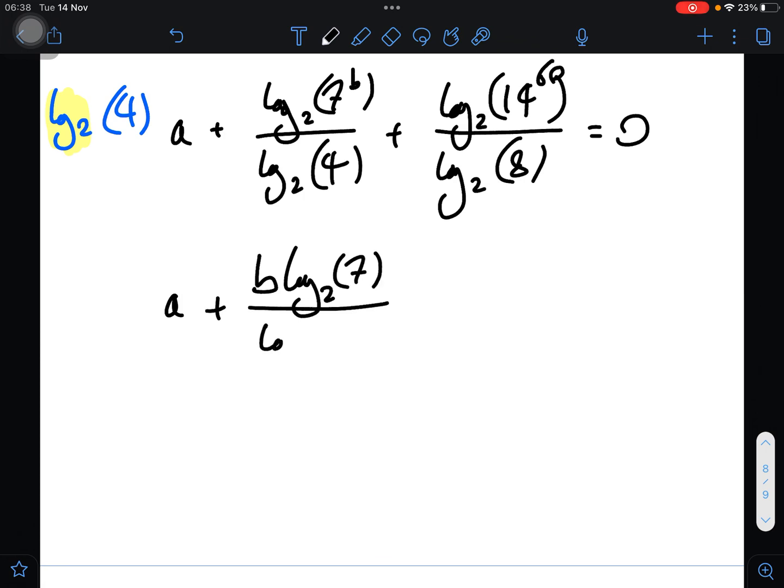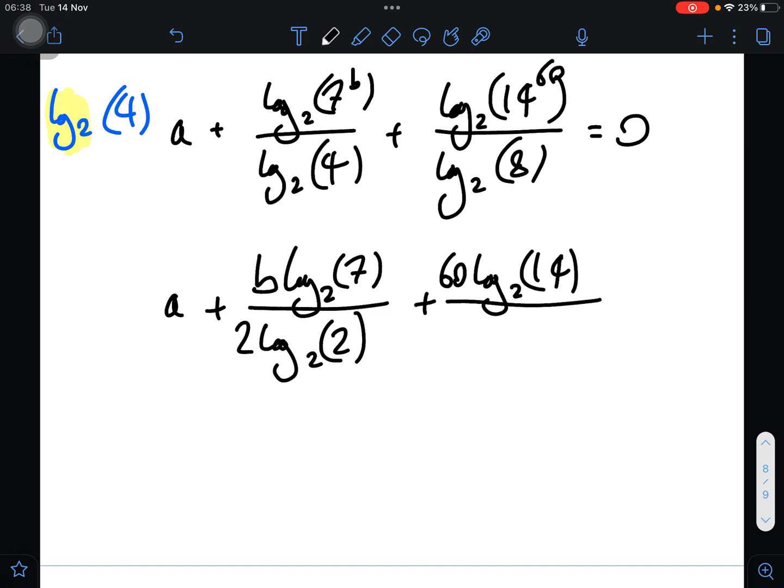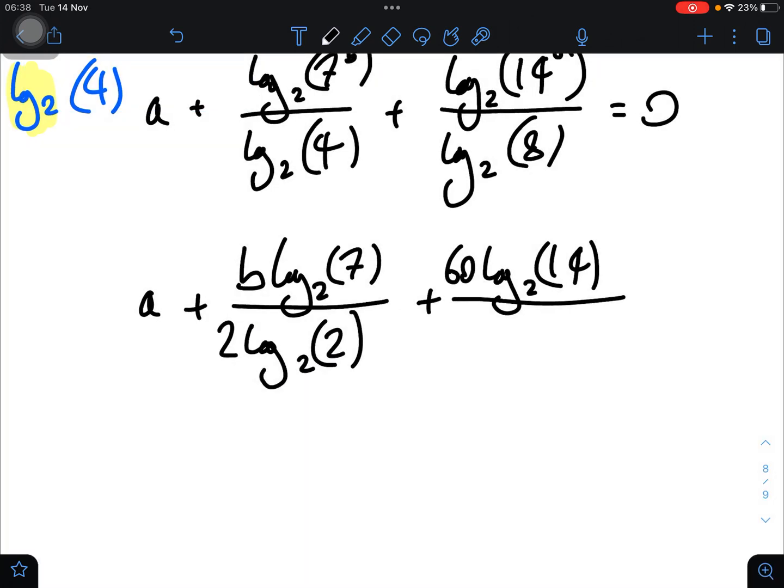So really what we've got is b log 2 of 7 over log 2 of 2 squared, which would be 2 log 2 of 2, and then 60 log 2 of 14 over 3 log 2 of 2, because 2 cubed is 8.